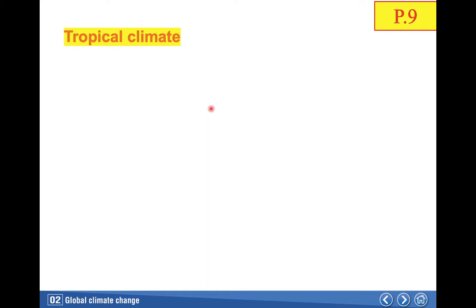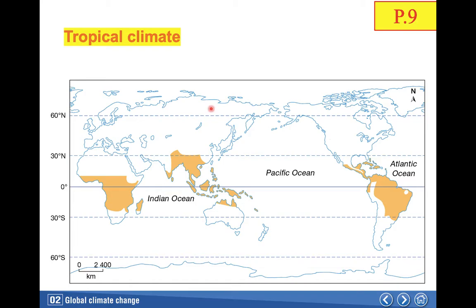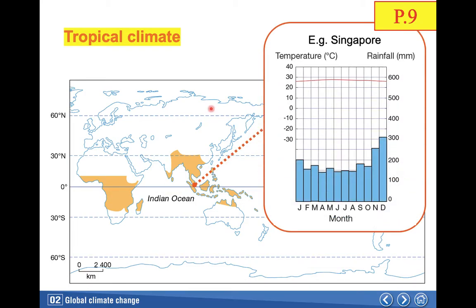The tropical climate. So, what does it mean by a tropical climate? Singapore is an example of a place with the tropical climate. You can see from this climatic graph that they have a hot temperature, hot throughout the year, all year round, over 25 degrees Celsius.